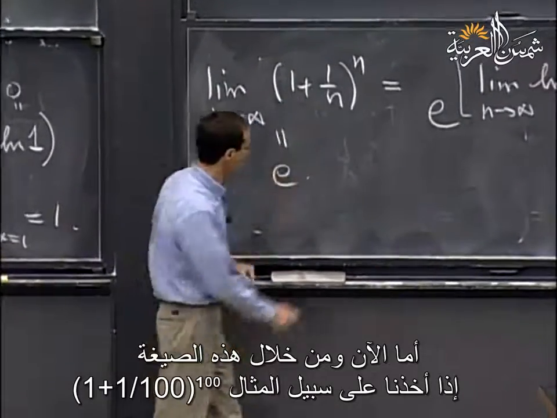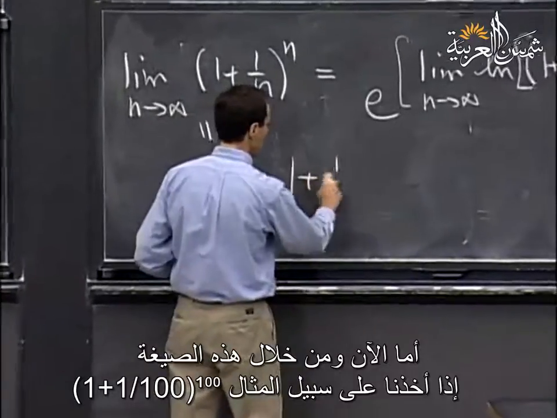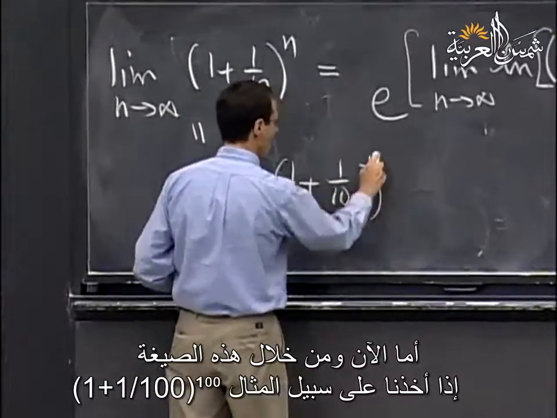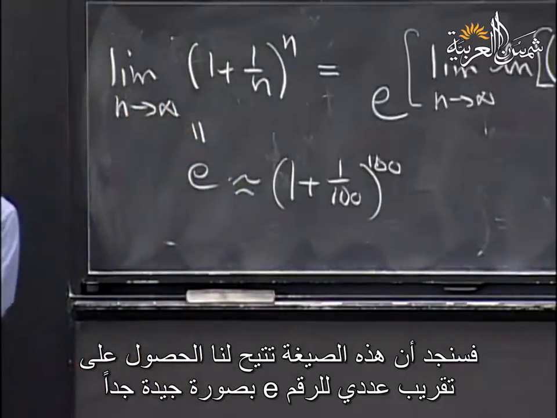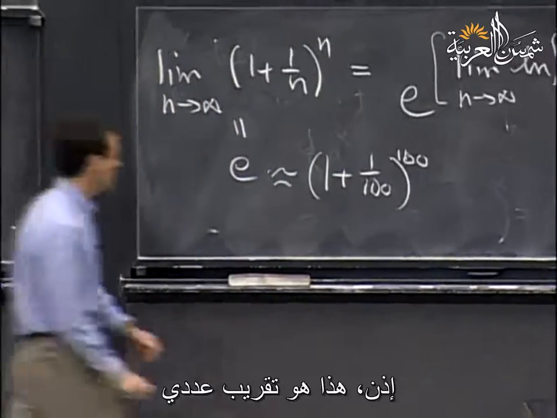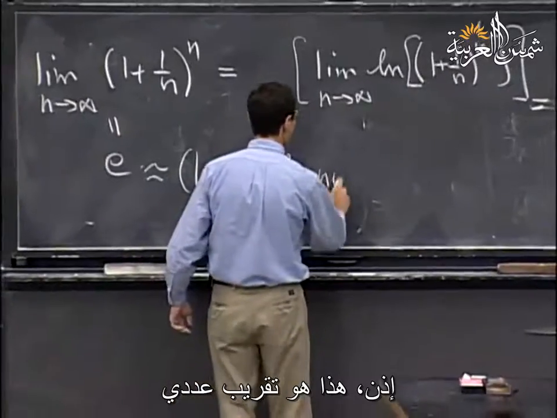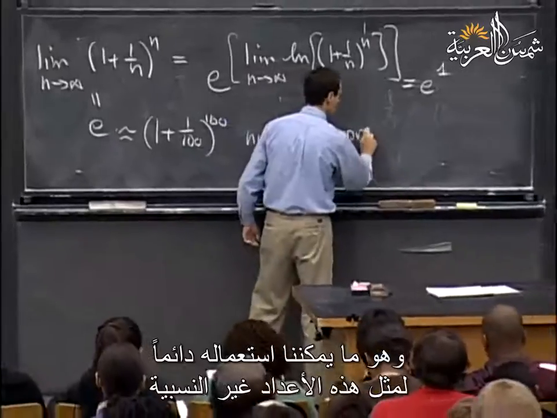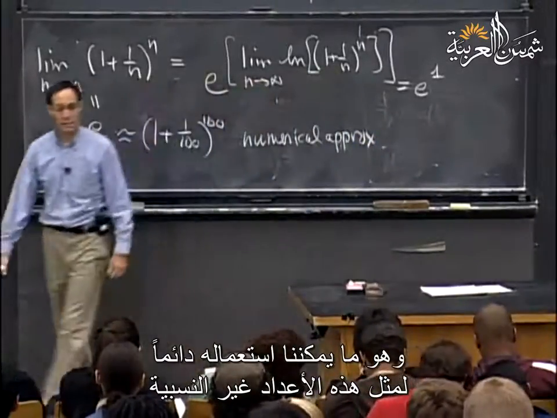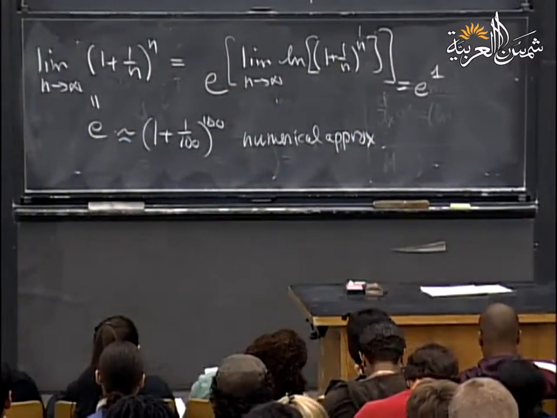And this is telling us, if you take, for example, (1 + 1/100)^100, that's going to be a very good, perfectly decent approximation to e. So this is a numerical approximation, which is all we can ever do with this kind of irrational number.